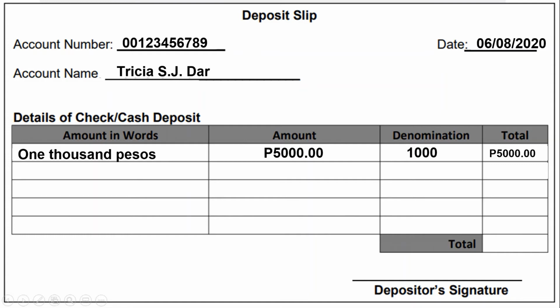You're going to add it or write the total of your money. Don't forget to write the overall total of the money that you're going to deposit. And please never forget to affix your signature.